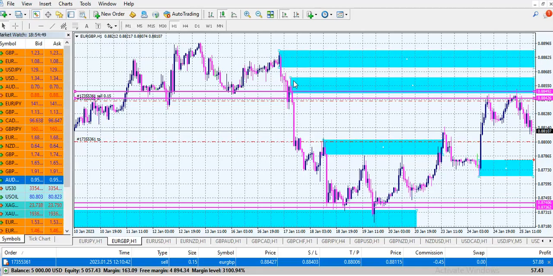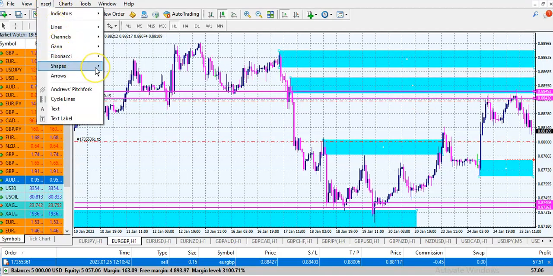Okay. So we saw that on H1, that is like hourly chart. So all I did was to mark that particular area out. I simply marked it using, go to insert, go to shapes, and you click rectangle, and it's going to give you something like this.